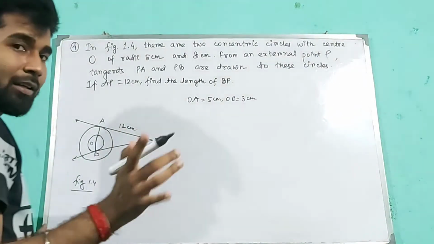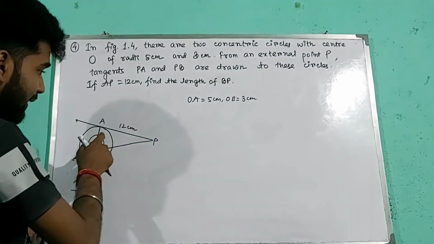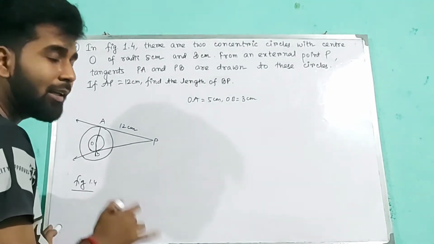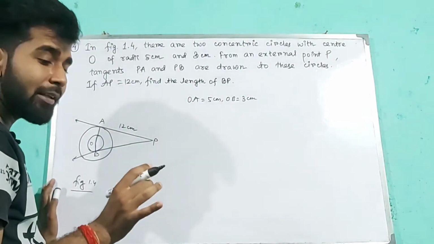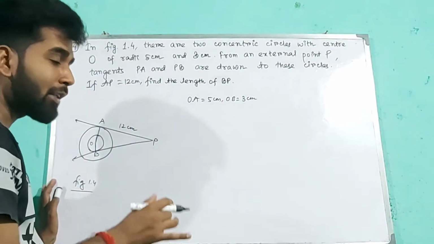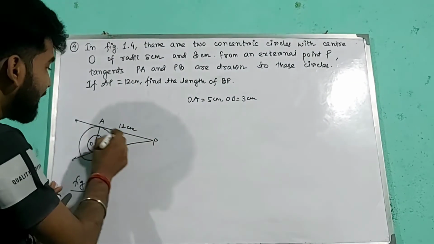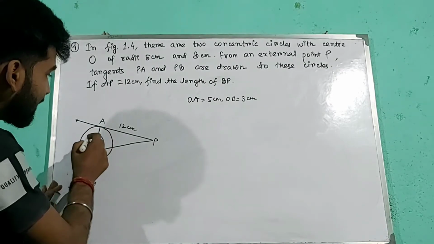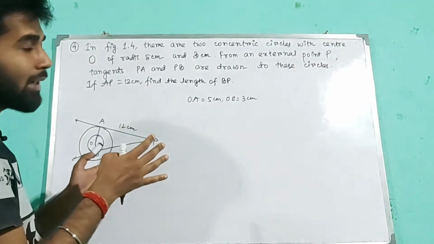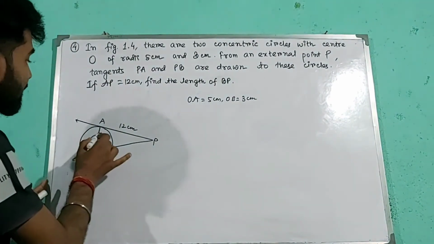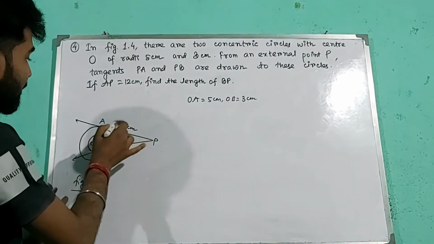But this time we can't use the theorem that tangents drawn from an external point are equal. Why? Because the tangents from an external point should be drawn on the same circle, but see here the tangents are drawn on 2 different circles. Oh sorry, I used the word triangle, I am sorry, it will be circle. By mistake I said it.